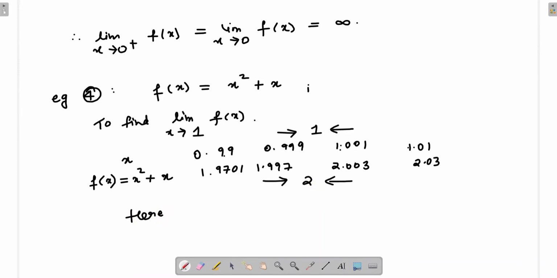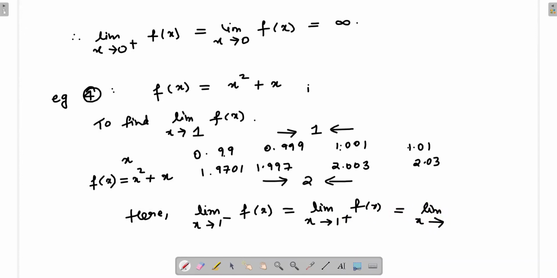So here we can say that the left hand limit, limit x tends to 1 minus of f(x), is equal to the right hand limit, limit x tends to 1 plus of f(x), and that is equal to the main limit x tends to 1 of f(x). Why? Because the left hand and right hand limits are equal, so the limit exists and it is equal to the main limit.